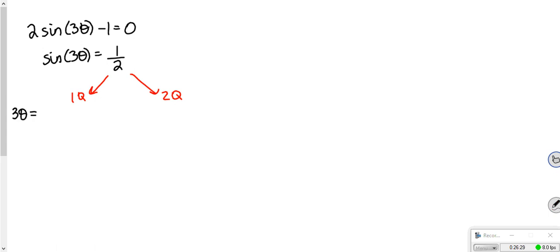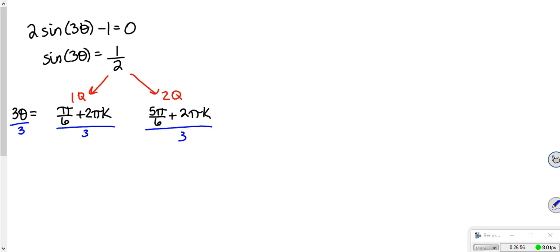Okay, 3 theta. So in the first quadrant, once again, it's going to be pi over 6 plus 2 pi k. And in the second quadrant, it's going to be 5 pi over 6 plus 2 pi k. Then I have to come through here. Since we were solving for 3 theta, we have to divide everything by 3. This is where it gets a little wonky.